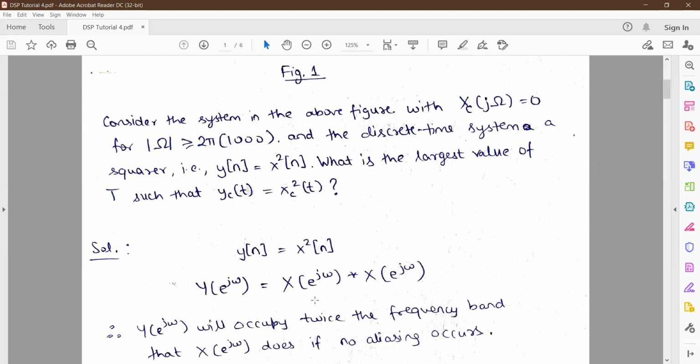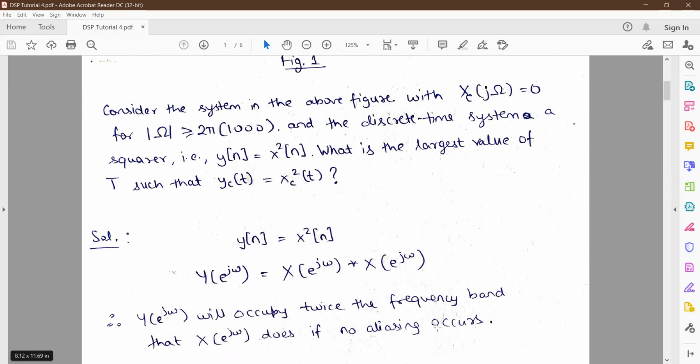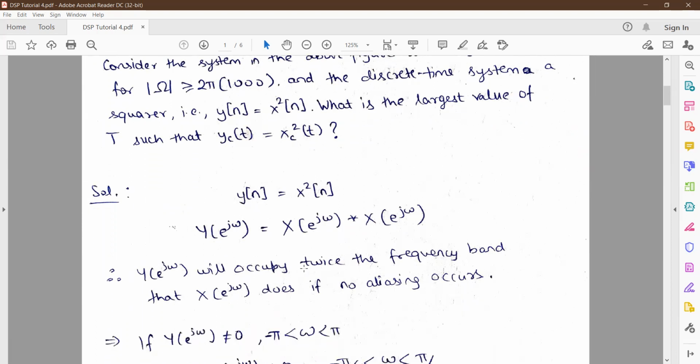Because if we have a convolution and this signal is band limited between some frequency ω, and this one will also be band limited at some frequency ω, then when we take the convolution, those limits of frequency will get added up. So ω plus ω will become 2ω. So that is what this statement means. Whenever we convolve, the limits get added up for the frequency.